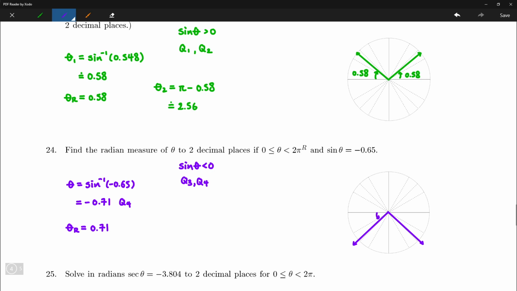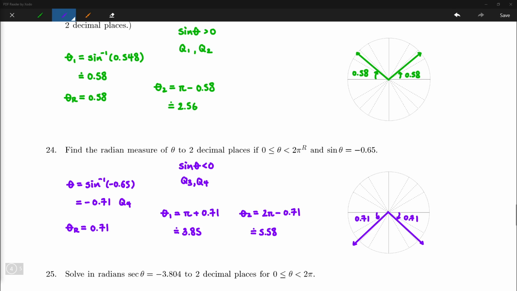One will be pi plus the reference angle of 0.71. And then the other solution, theta number 2, will be 2 pi minus the reference angle of, once again, 0.71. Okay, so the first solution will be 3.85, and the second solution will be 5.58.